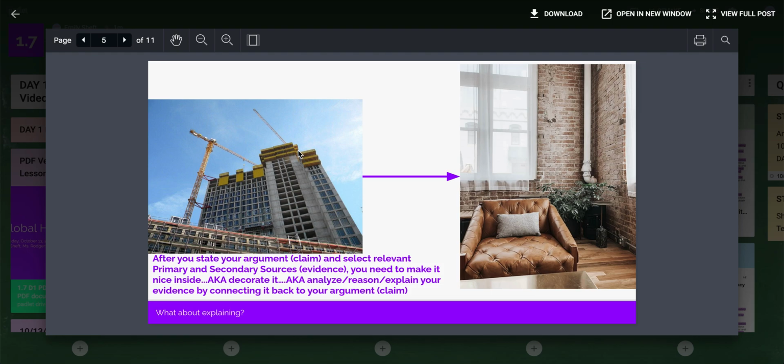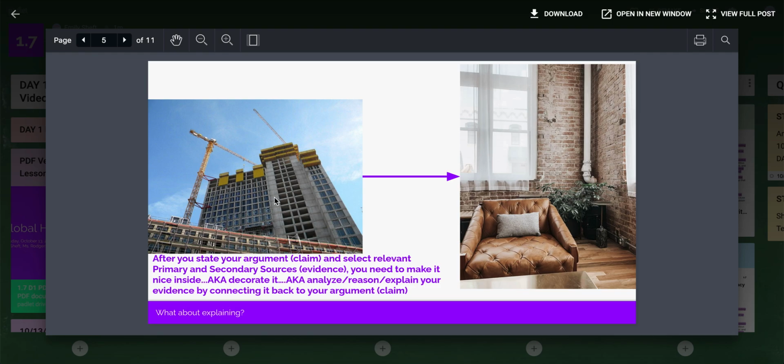After you build your argument, after you have all the rooms inside, which we could think of as our evidence, you then need to decorate it, right? Decorating it is when you go in and you analyze, reason, and explain your evidence to connect it back to whatever your argument is, right?